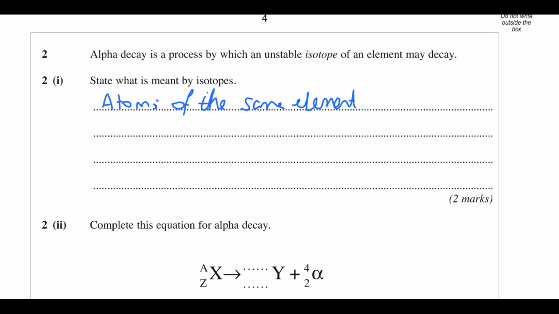So the two key features you want for this, with the same proton number, so that's first mark, so we've got the same proton number but a different number of neutrons.